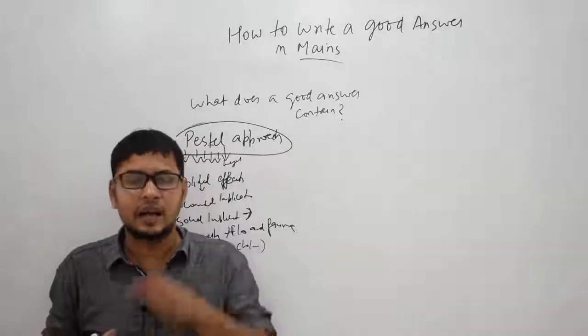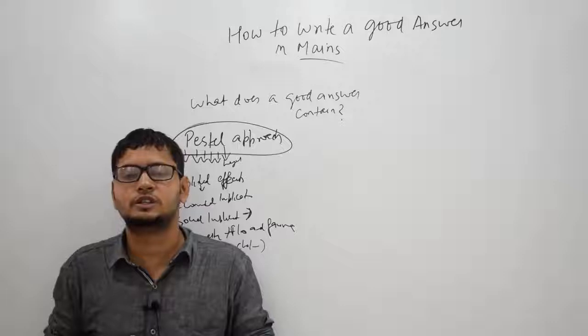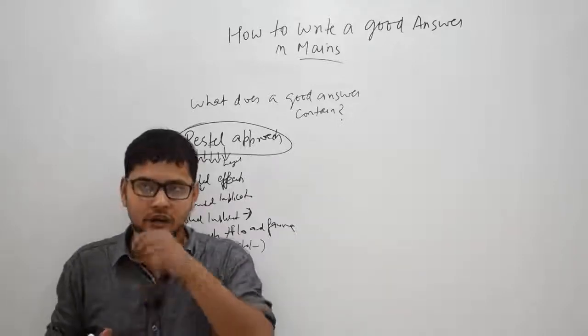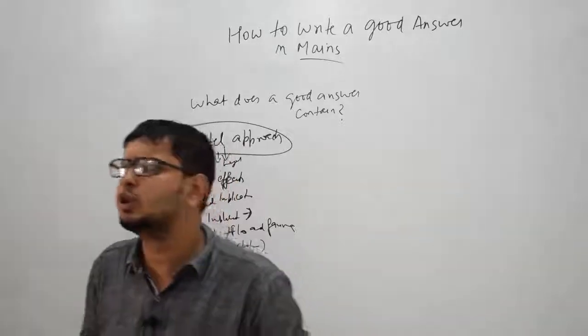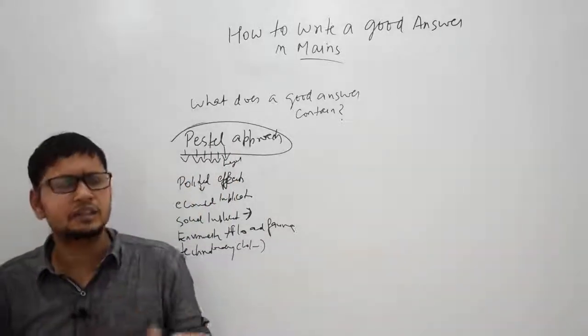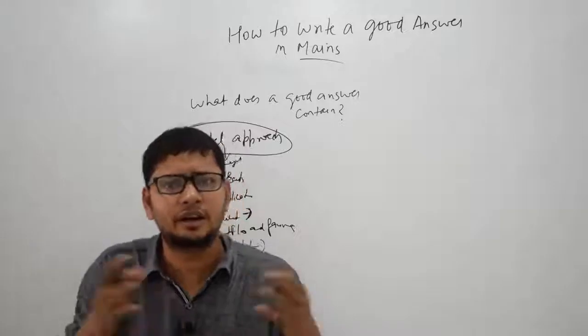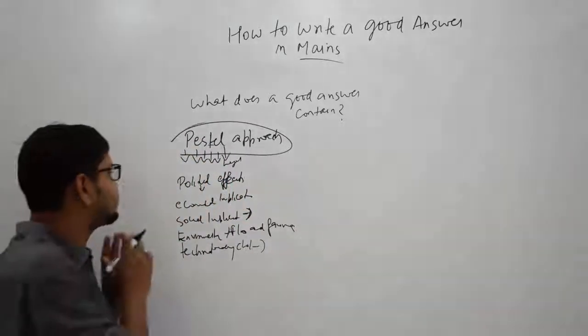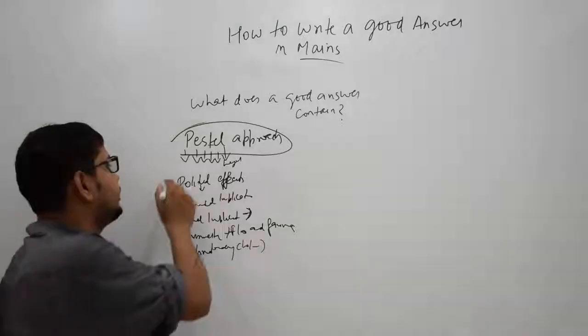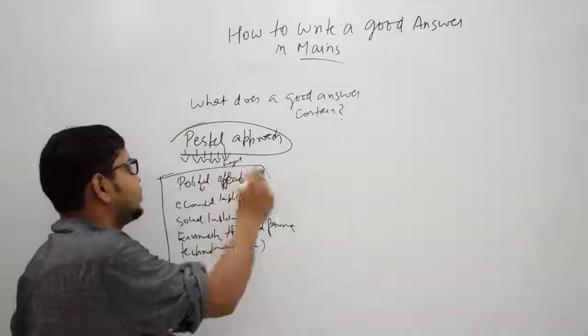And this can be done in a lot of questions in GS paper 1, 2 and 3. Like there was this question asked on how coal mining affects; in this also you can divide it into social and everything. So always try, wherever possible, to use this PESTEL approach in your answer.